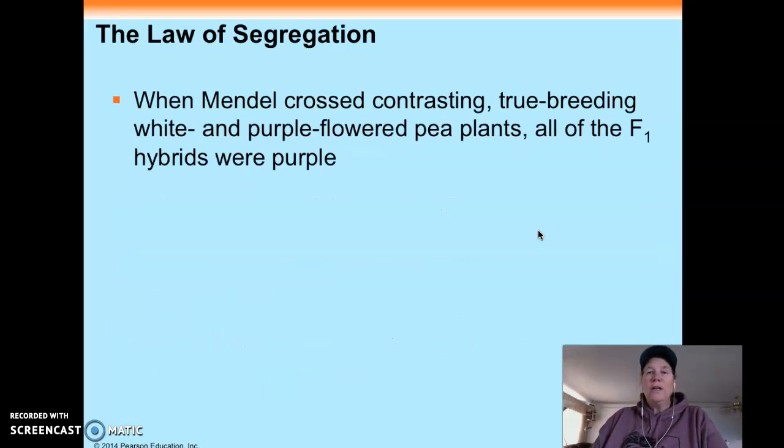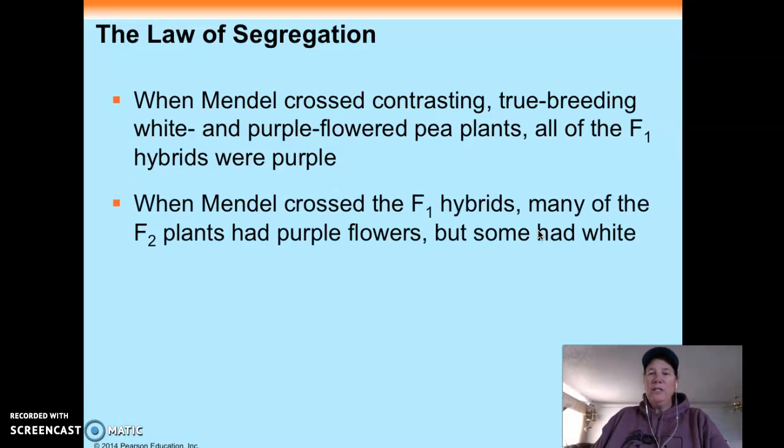Okay. So one of the things Mendel found out right away was his true breeding. Like if he was doing white flowers and purple flowers, all of the generation, the children from the parental generation, were purple. There were no white ones at all. He knew that that trait had to be in there because he bred purple and white. Okay.